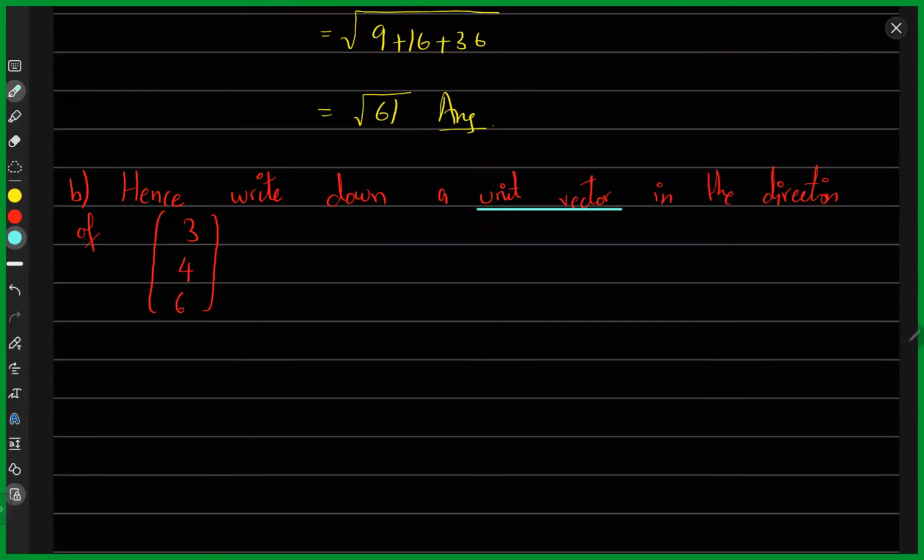So when I divide all these three components 3, 4, and 6 by the actual magnitude of this vector, the new vector would basically become a unit vector. And now when I find out the magnitude of the vector that I would make by dividing by root 61, that would basically be 1. So a vector having 1 as its magnitude is basically a unit vector.